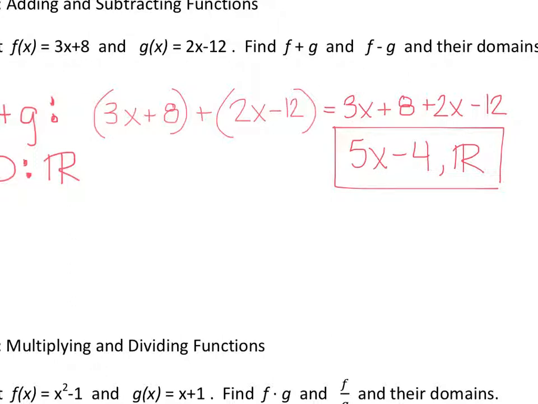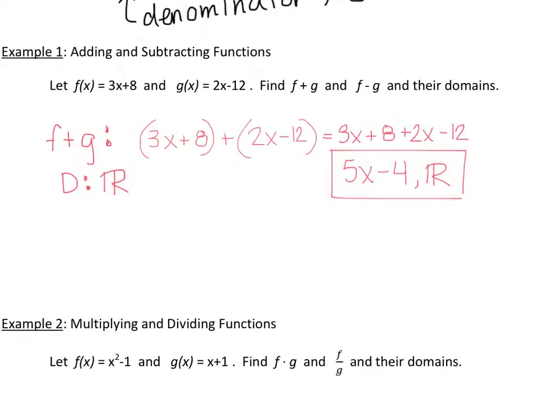Simple enough. Okay, the second half of that problem is that we're supposed to subtract them, f minus g. So remember that the domain is whatever both of them are, which is all real numbers again. We already know that.